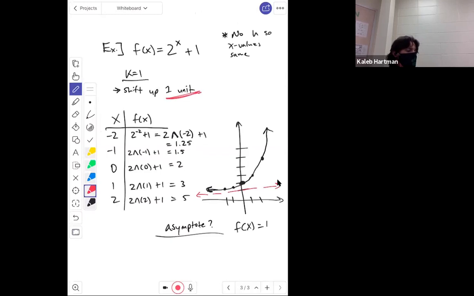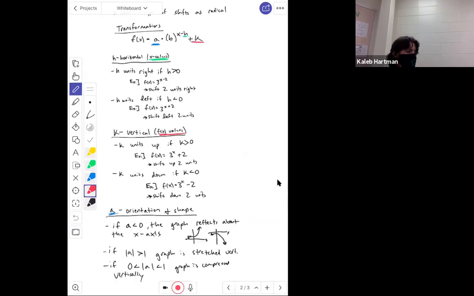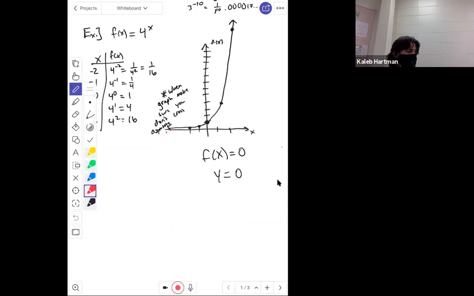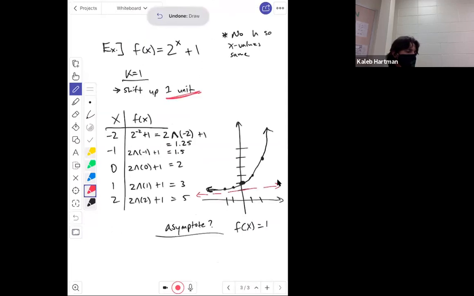In the standard problems, Corey, the asymptote was right here along 0, right? That's when we didn't do any changes to our function rules. Okay, so if we shift everything up 1, instead of at 0, it's going to be at positive 1 here.